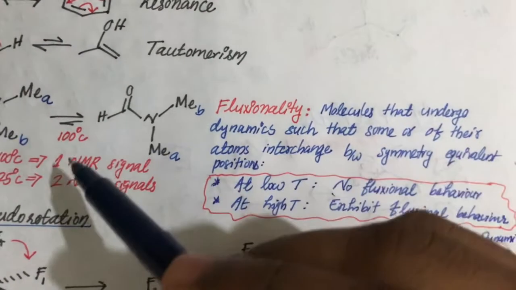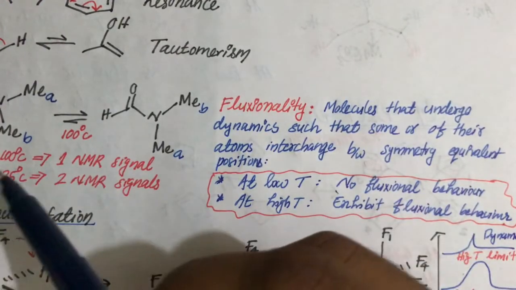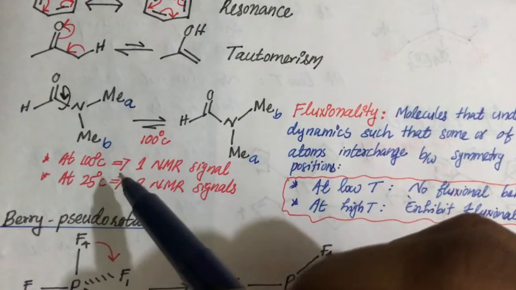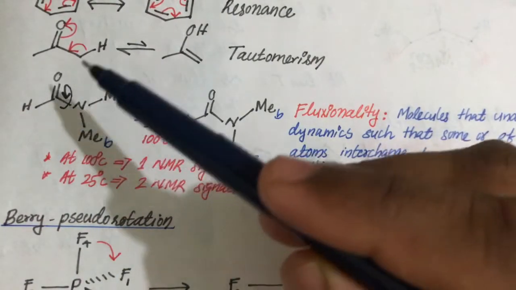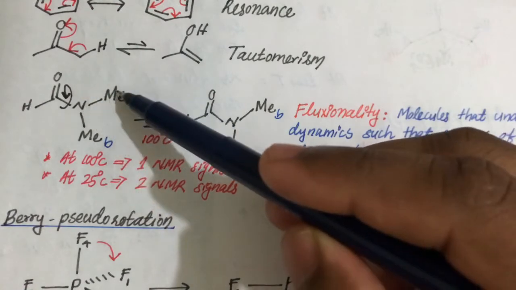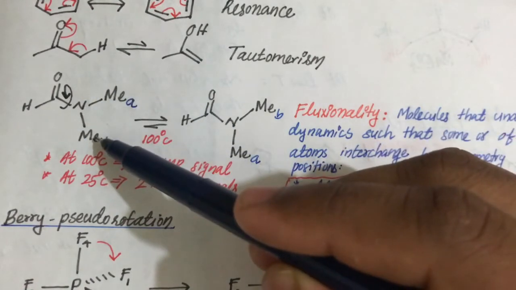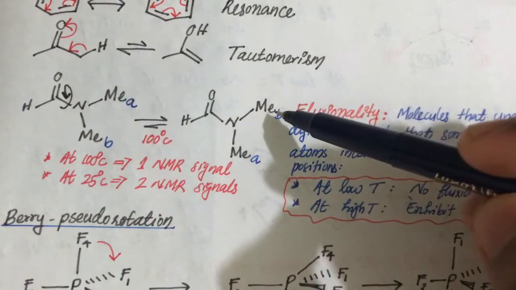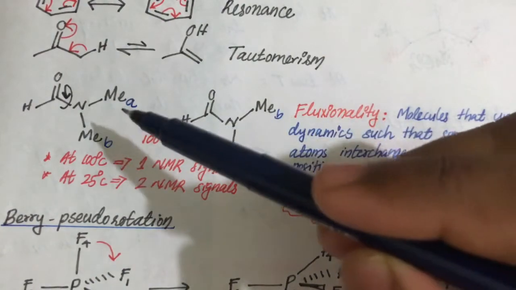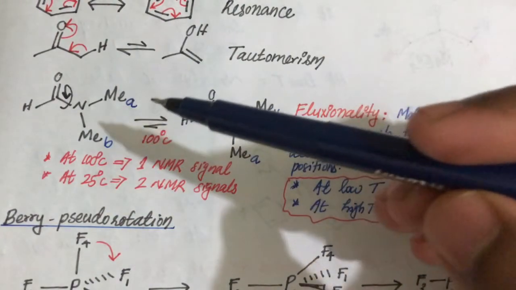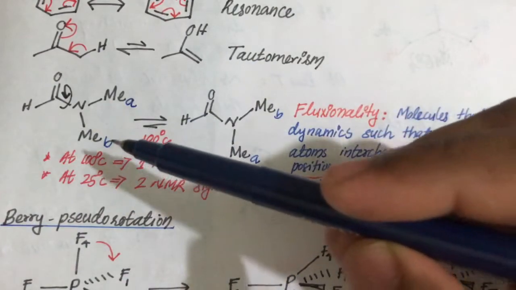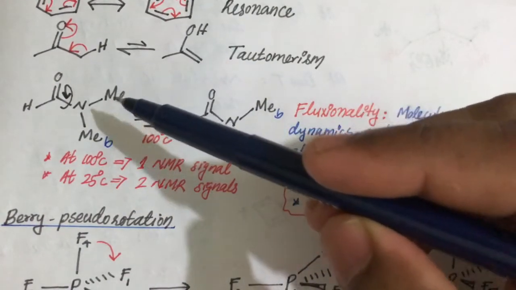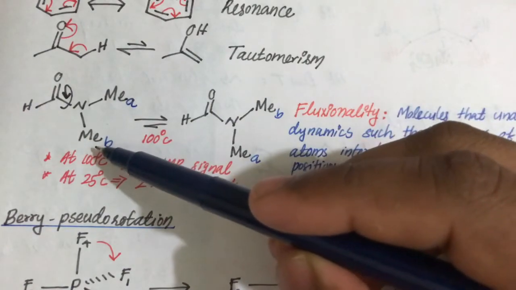So see in this example, at 100 degrees Celsius, that is high temperature, this molecule can undergo rapid change between the MeA and MeB positions, right? So what will happen is that when we analyze this molecule using NMR, NMR cannot distinguish between MeA and MeB.